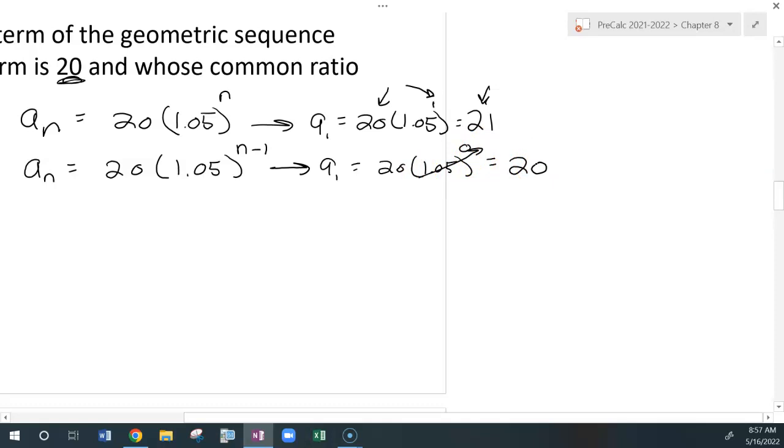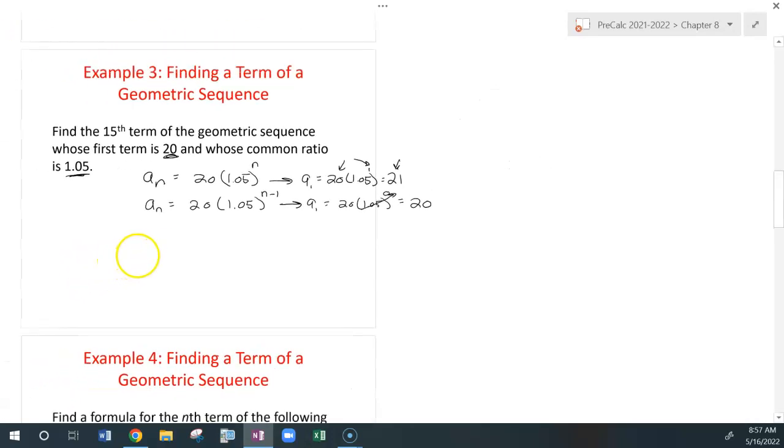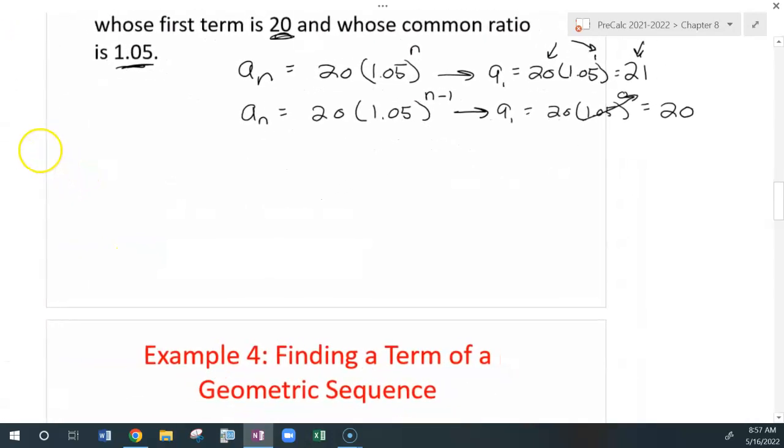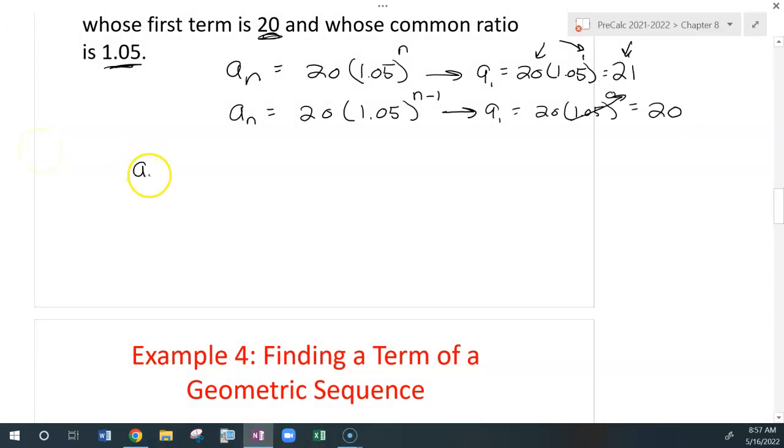There's a nice little formula that you can use for figuring out whichever term of a geometric sequence that you want. And what that formula is: a sub n equals your first term, which is a sub 1. We're going to multiply it by the common ratio, but we're going to do n minus 1.